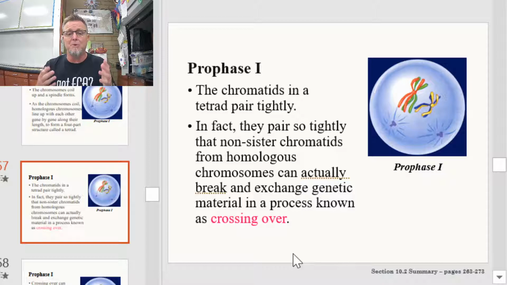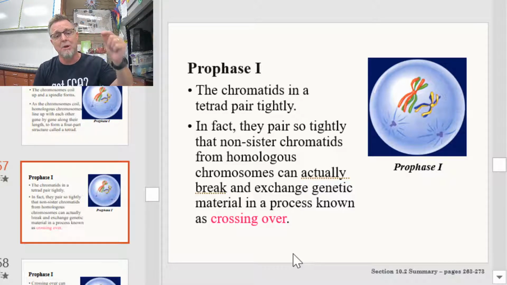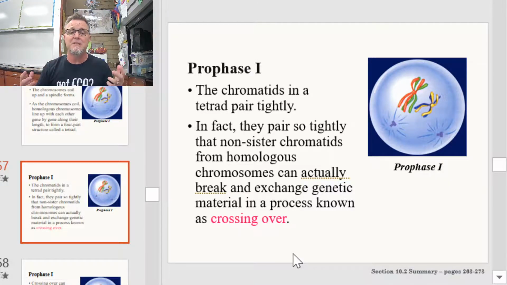And that's super cool because that gives you variation in offspring that is outside of what you see in either of your parents. Here's what I mean. If mom has brown hair and brown eyes and dad has blonde hair and blue eyes, you would expect the children to all look like one parent or the other. They're either going to have brown hair and brown eyes or blonde hair and blue eyes.